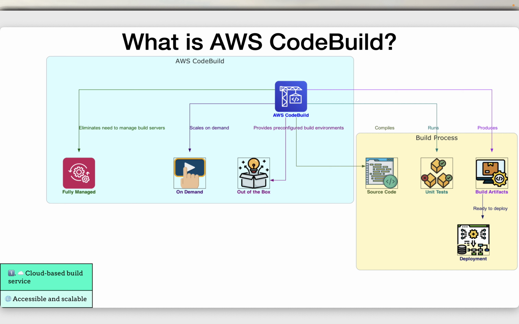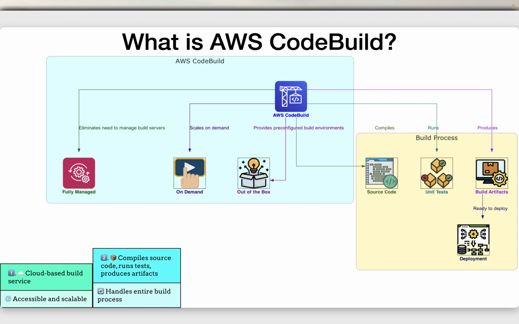So what is AWS CodeBuild? AWS CodeBuild is a fully managed build service that operates in the cloud, making it easily accessible and scalable. So if you have worked with Jenkins or Circle CI or something, this is exactly the same service, but Amazon's own continuous integration service similar to Jenkins.